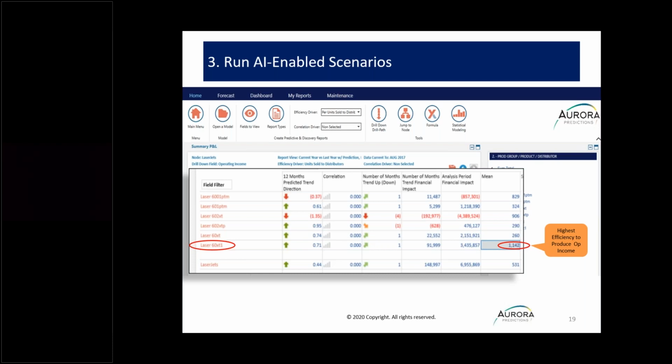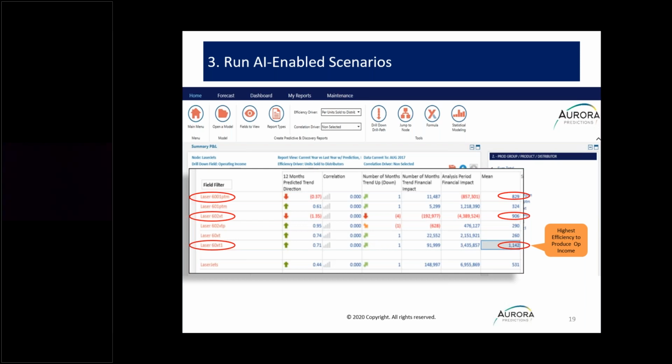Very high, $1,142 on average of operating income per unit sold across all our distributors, across all their stores. And we're going to find that these other two, the Laser 602XT and the Laser 6001 PTM, have also very high operating income per unit sold. So these three products are our most efficient products at generating operating income per unit sold.